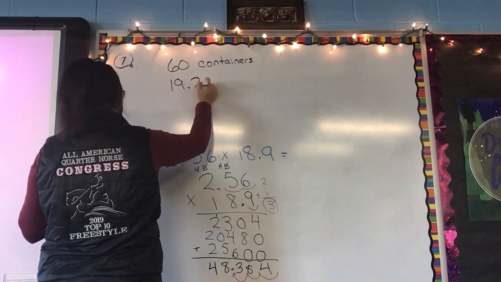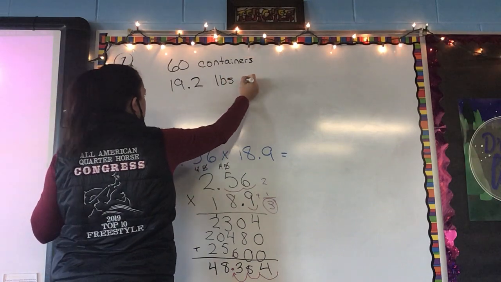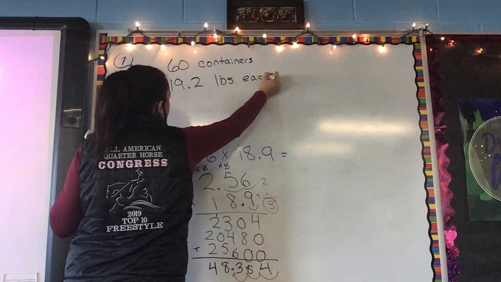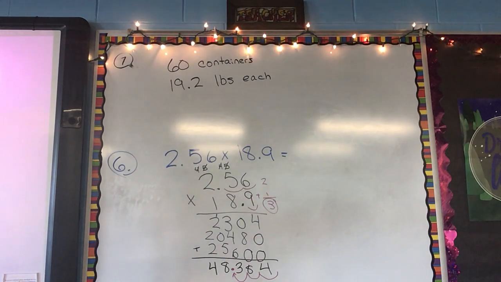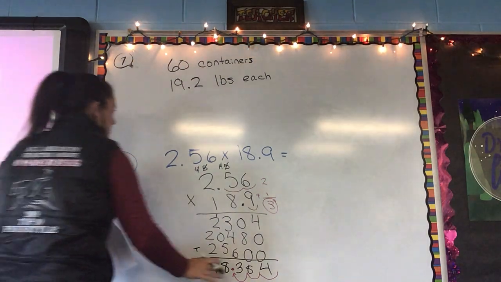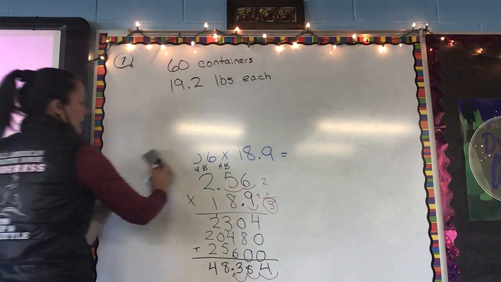19 and 2/10 pounds, LBS for pounds, each. What is the total weight the truck is transporting? And you have to make sure you have a label. So a truck is transporting 60 containers of some kind of goods. Each container weighs 19 and 2/10.